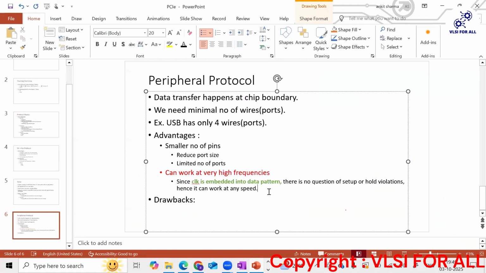Now we'll go for the next thing. That's skew, clock skew. So here in the skew, as we are not transferring the clock, do you think clock skew will be a problem? Clock skew will not be a problem.